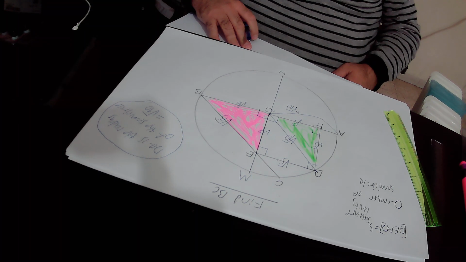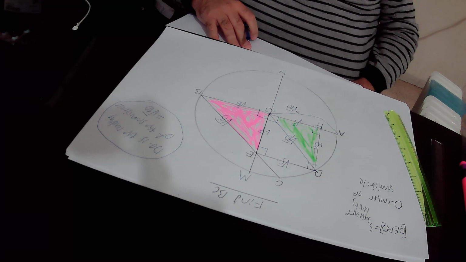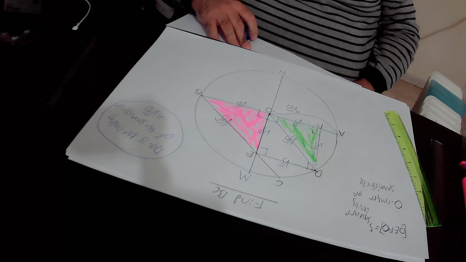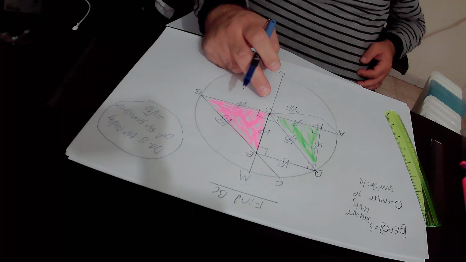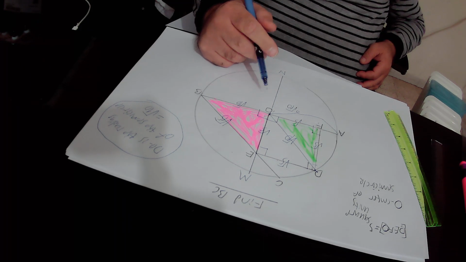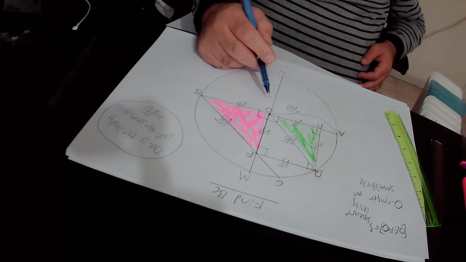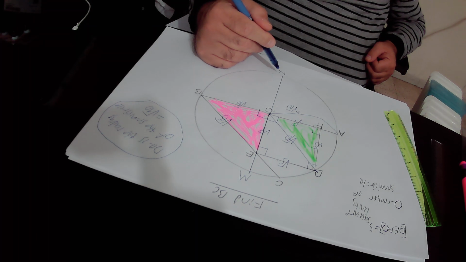So here, what is the definition of line segment ON? O is the center of the circle, N is the point of the circle itself.